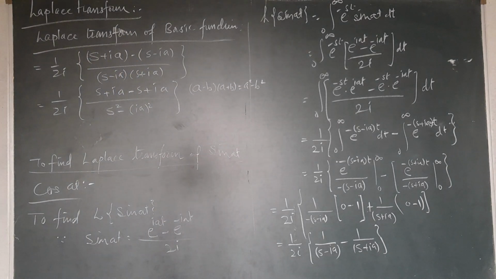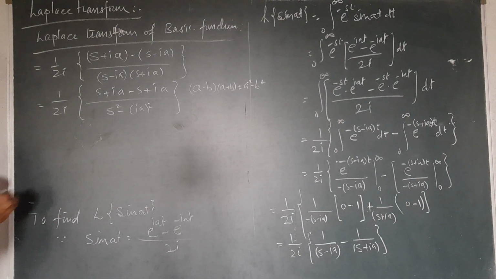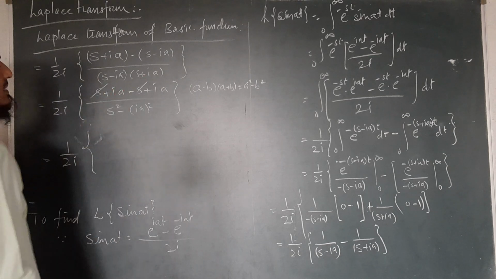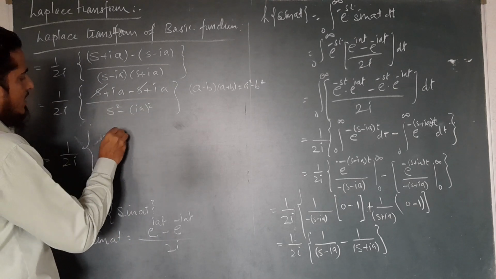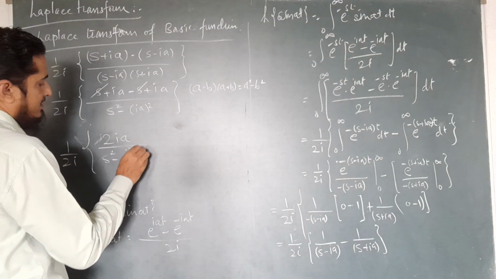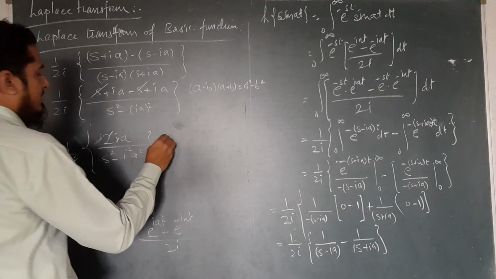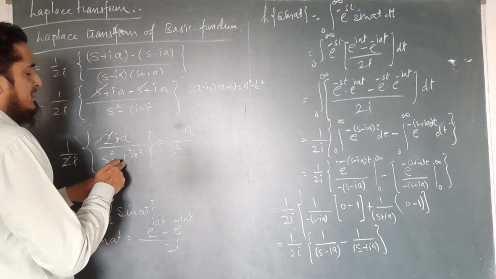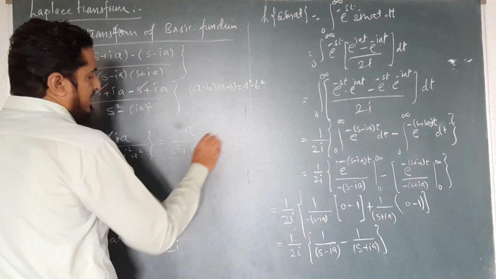So we will get 1 upon 2i, plus and minus s get cancelled, i a becomes 2 i a, over s square minus i square a square. 2 gets cancelled, i gets cancelled. We will get a over s square minus i square a square, and i square means minus 1, minus and minus becomes plus a square.